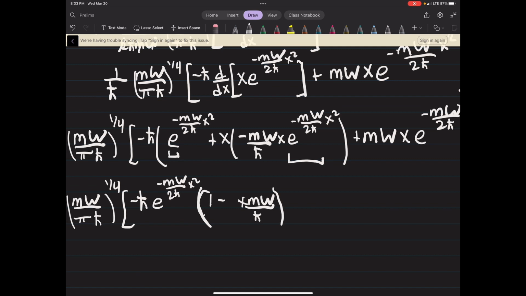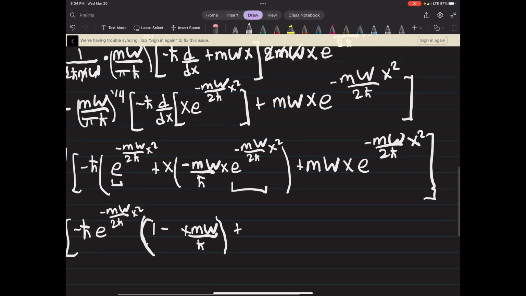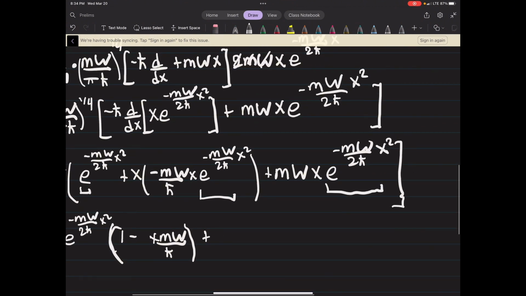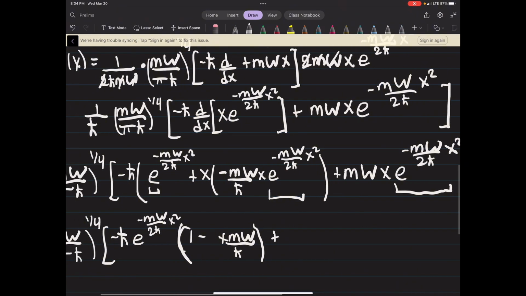That's everything. And then plus, we can also factor this term out as well, can't we? Well, let's just write it out like this, it doesn't matter. M omega x e to the minus m omega over 2 h bar x squared.